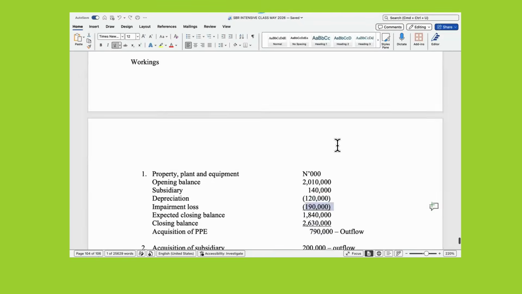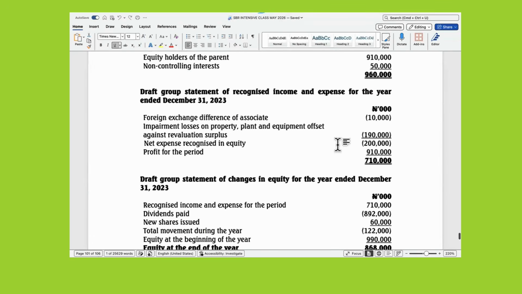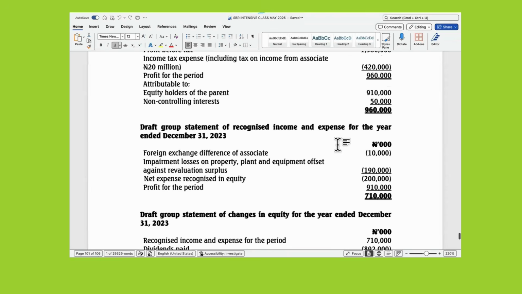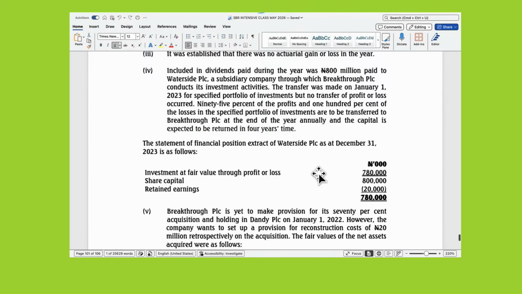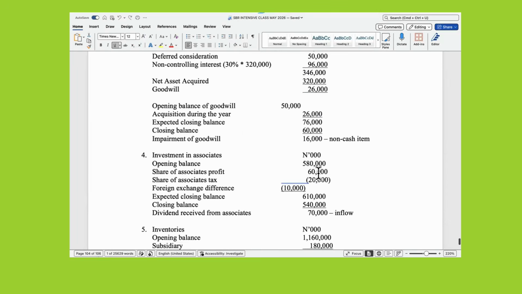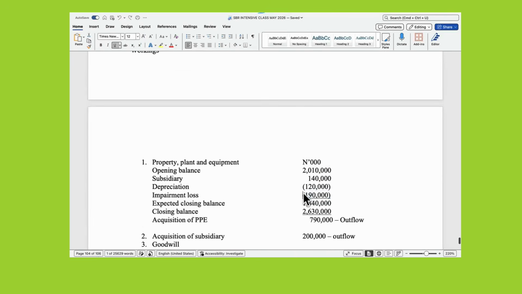And there was impairment loss, which is a revaluation deficit of 190. Inside this OCI, there was impairment loss on PPE against revaluation surplus of 190. So this is a revaluation deficit of 190, so I net this one off. Impairment loss, and that's the movement.